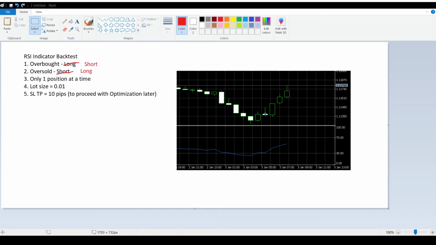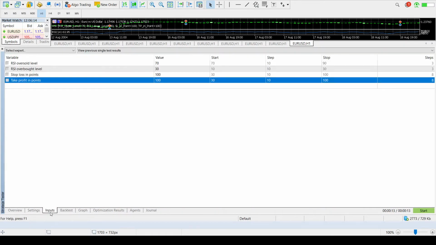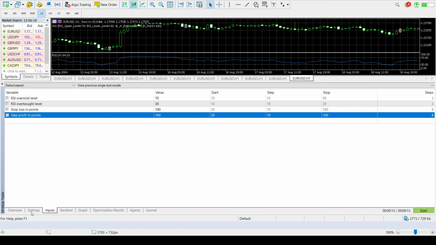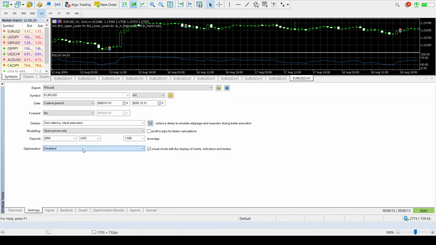In MT5 we can do such simulations to see what is the possible outcome. So from here, I'm going to do a very fast genetic based algorithm, and we are going to arrange the results in order so that the profit factor will be at the highest of the result table.